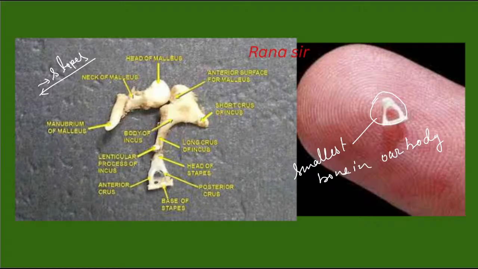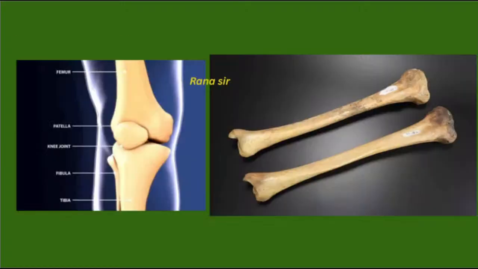Okay, and then the next figure is the femur. The patella looks like a ball. Two bones are joined in front of this at the knee joint: the fibula and the tibia.